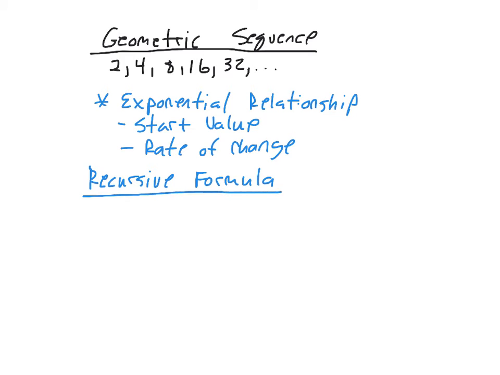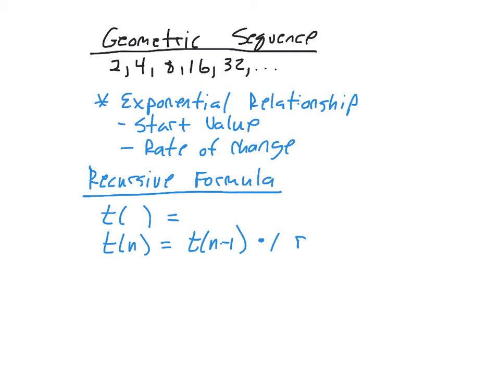And it looks virtually the same. I need a start value, and then the next term in the sequence is the previous term in the sequence. Except here, it's multiply or divide by a common ratio. Otherwise, it's the same.